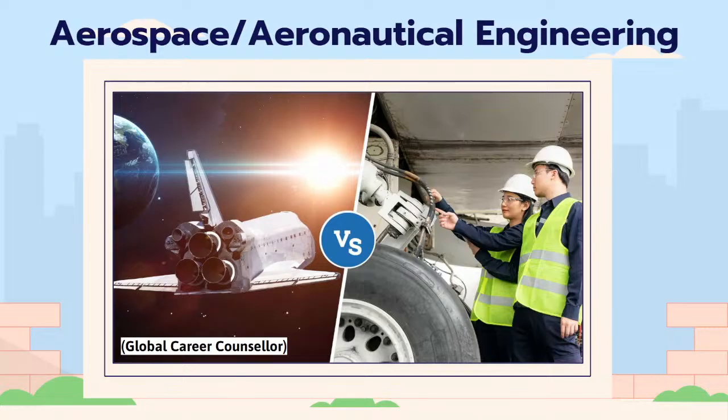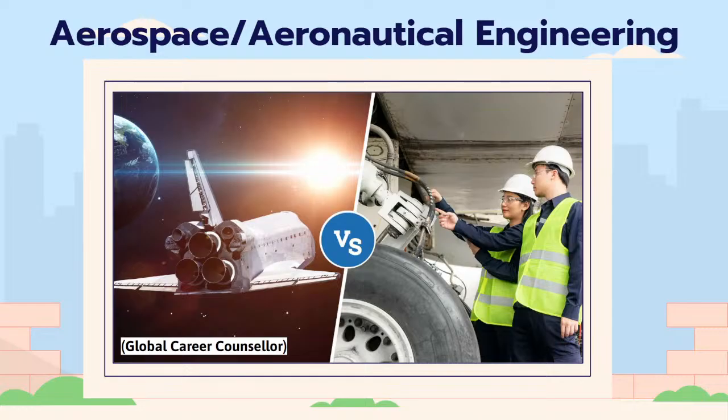Aerospace and aeronautical engineering is actually my focus. I love aerospace and I love aeronautical engineering. This is actually what I want to do my MS, my master's, in. They kind of go together, but they're a bit different.